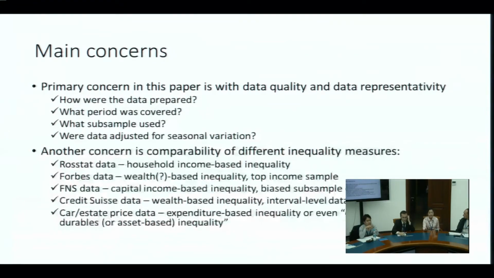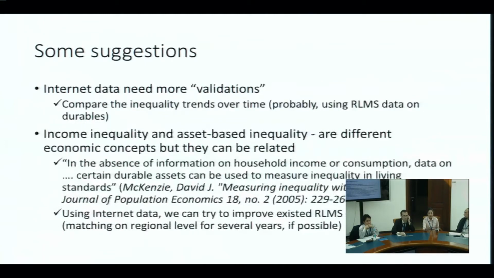Car and estate price data is more likely expenditure-based inequality, or even expenditure on durables, or even asset-based inequality. So I'm not sure that it is correct to compare these different definitions of inequality to draw conclusions about it.